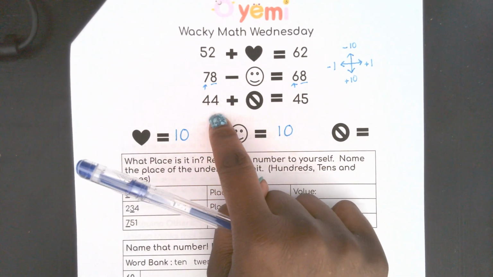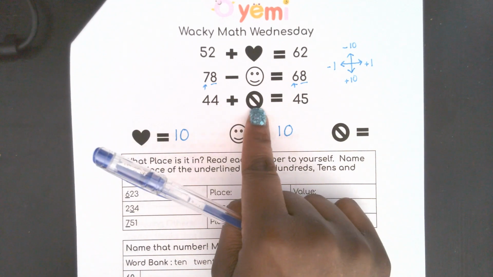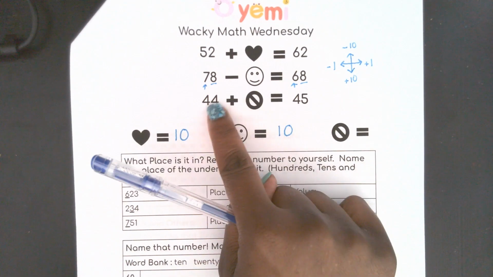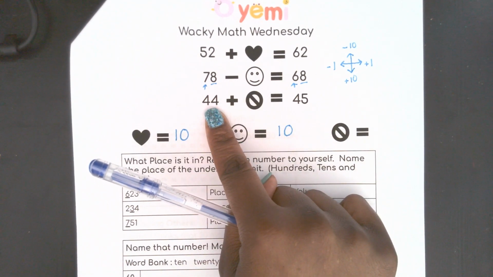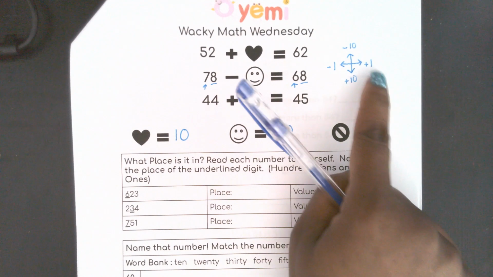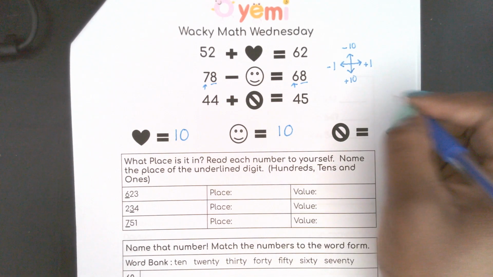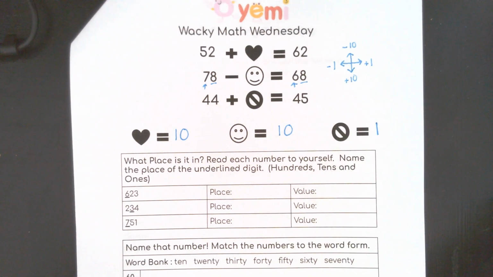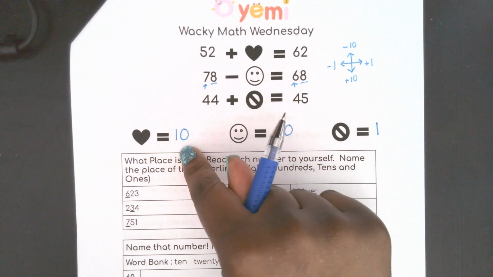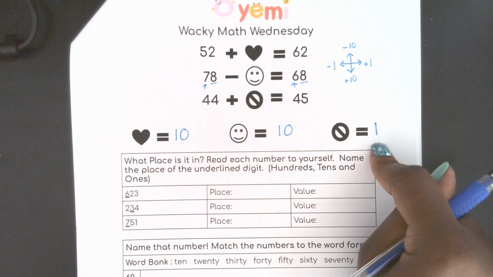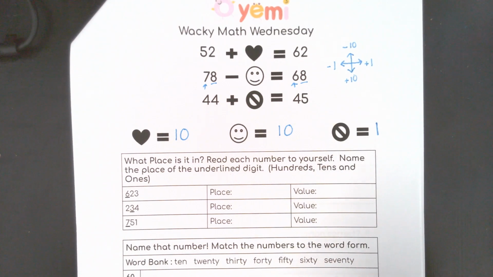Let's look at the next one. 44 plus something will give me 45. Well, 44, if I'm counting up, after 44, the next number would be 45. So what did I add there? Just one more. So this no sign is just 1. So you should have had 10 for the heart, 10 for the smiley face, and just 1 for that no sign. Pretty wacky, right?